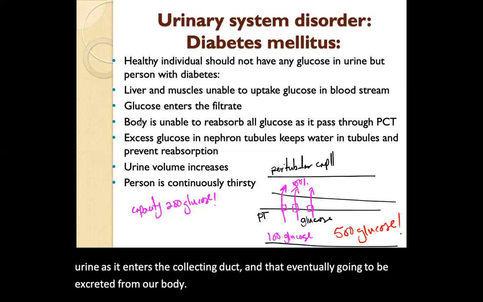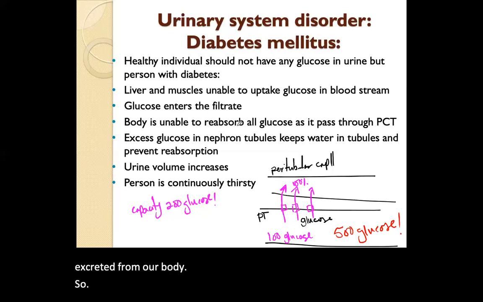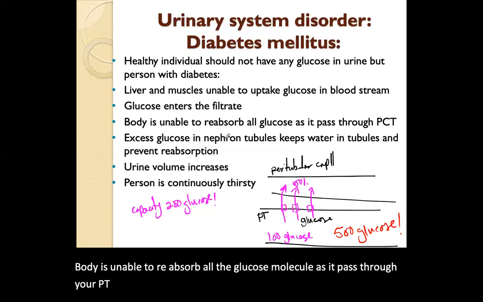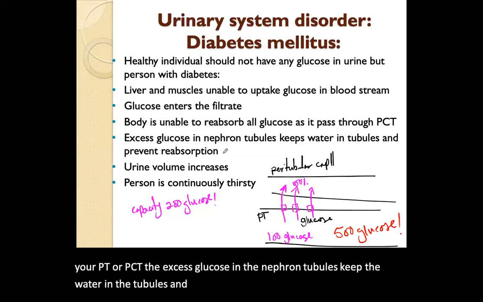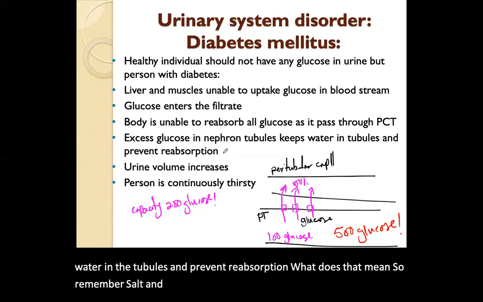So the body is unable to reabsorb all the glucose molecules as they pass through your PT or PCT. The excess glucose in the nephron tubules keeps the water in the tubules and prevents reabsorption. So what does that mean? Remember salt and water. Water always follows salt. Same concept applies in terms of glucose or sugar.